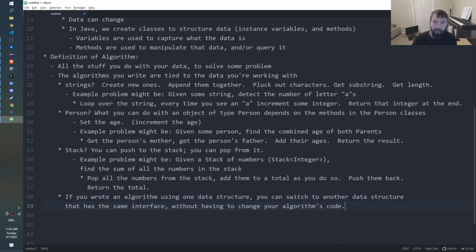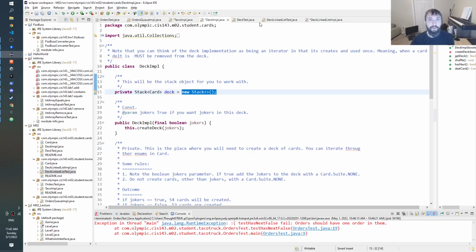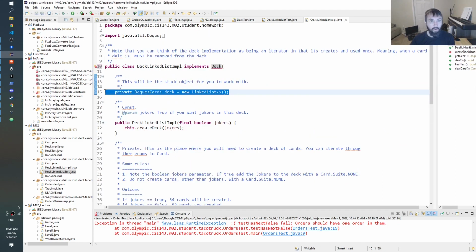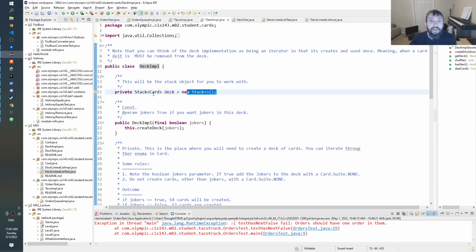It's the flexibility that comes from being able to write an algorithm once, and then if you realize later on that your underlying data structures are not good, as long as you used an interface to wrap up your decisions about what your underlying data structures are, like maybe you decided that you're going to use a stack to implement your deck of cards, and later on you decided, wait, no, I need to use a linked list.